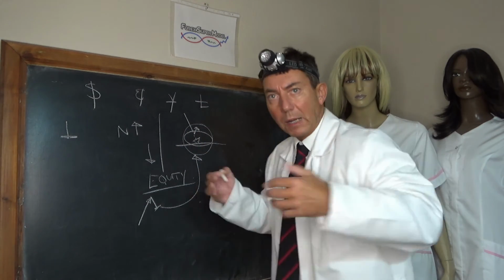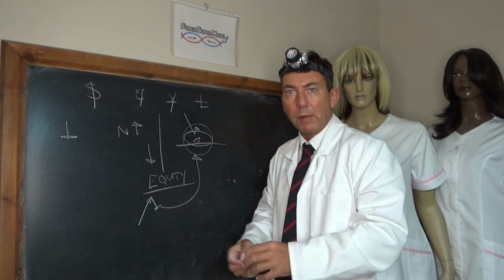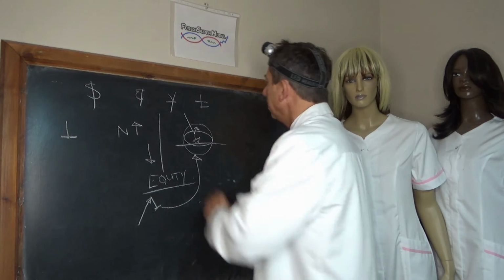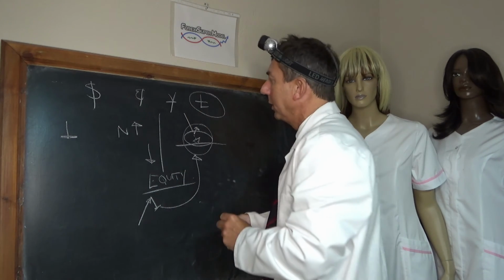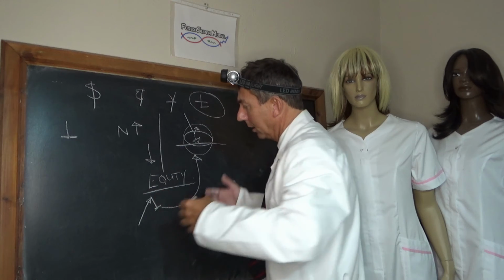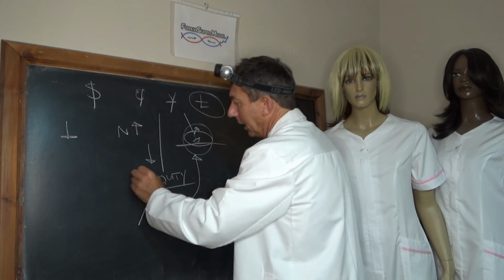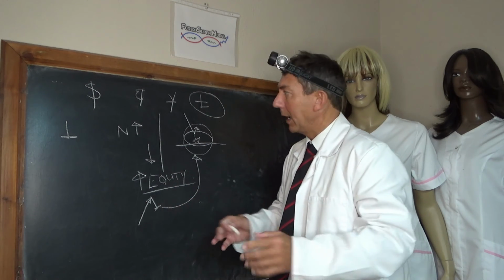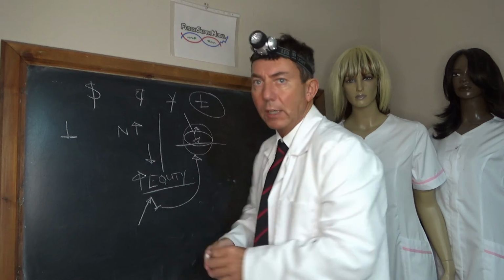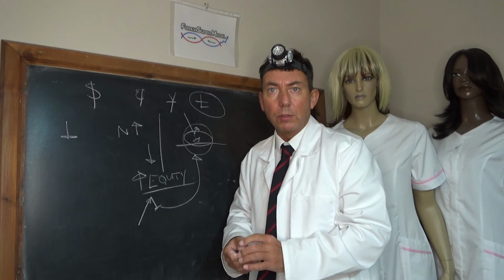So look for the pound to be weak, probably up to about lunchtime, and then maybe in the American session, if we start to get an improvement in equities and risk on starts to come back, then the pound is going to be really rocking on the up.